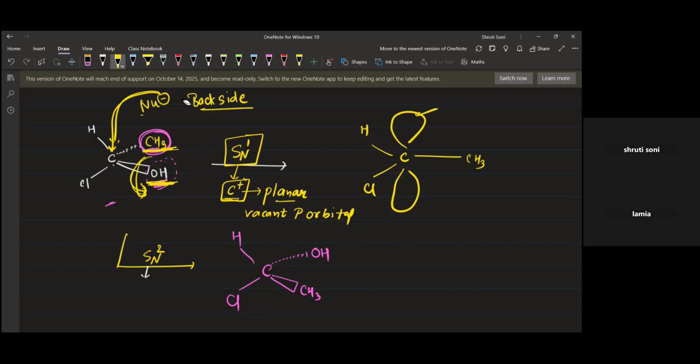So that's why, wait a second, I need to attach a nucleophile here, because the nucleophile attacks from the backside. So the nucleophile will come here and the CH3 will come to the OH position. Okay, let's suppose I will give you one more example.